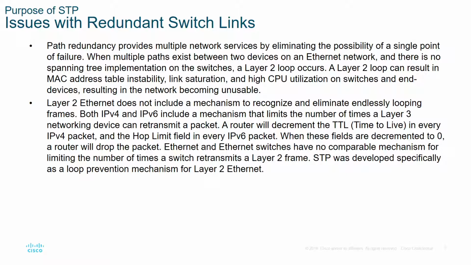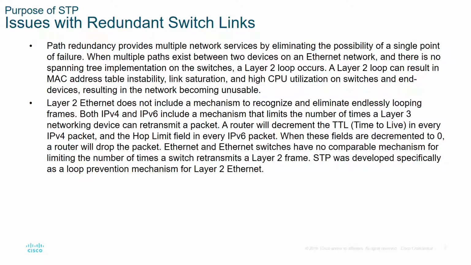When these fields are decremented to 0, a router will drop the packet. Ethernet and Ethernet switches have no comparable mechanism for limiting the number of times a switch retransmits a layer 2 frame. Spanning tree protocol was developed specifically as a loop prevention mechanism for layer 2 Ethernet.